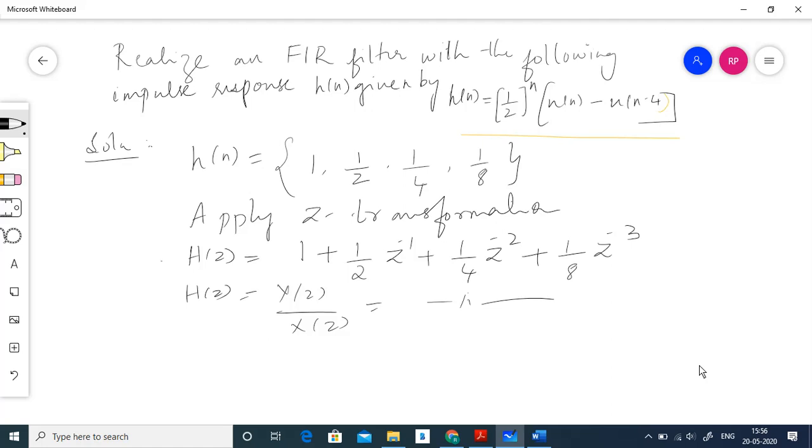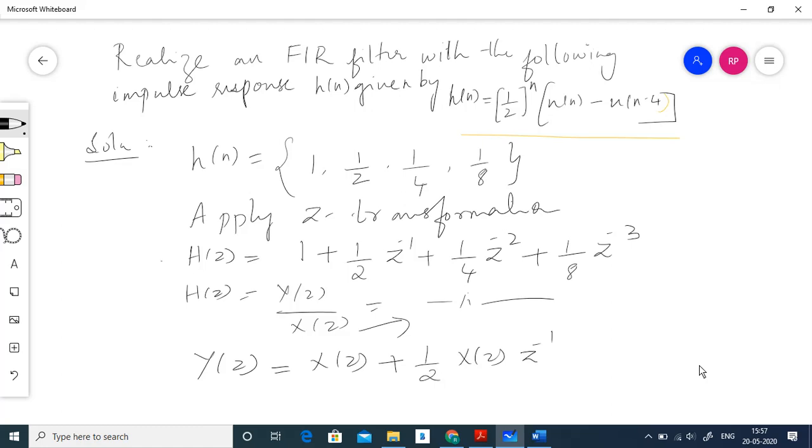In the next step, I'll keep y of z as it is, then I'll multiply x of z to the RHS. As a result, I'll get y of z is equal to, see here, x of z into 1, that is x of z, plus 1 by 2 x of z, z power minus 1.